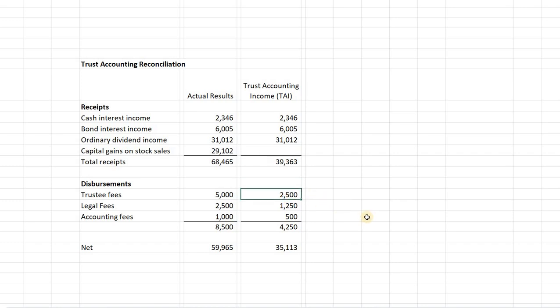And then on the disbursement side, we're allocating 1/2 to income, 1/2 to principal. So 1/2 of the trustee fees we're allocating to income, 1/2 of legal fees, and 1/2 accounting fees. That's typically what you see under a lot of agreements, and a lot of state statutes will have that kind of allocation mechanism. So the net trust accounting income, fiduciary accounting income here is $35,113, right?